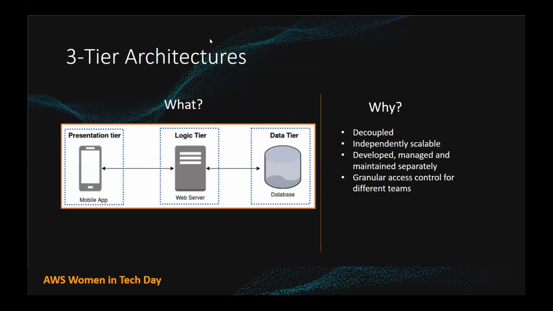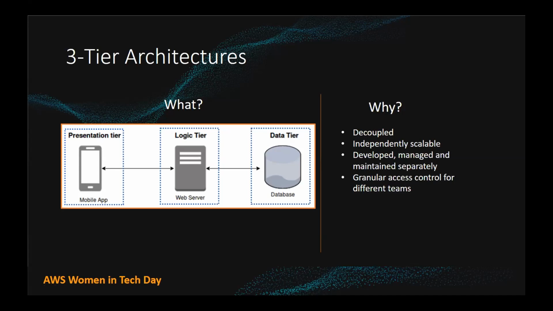So what are three-tier architectures? Why do we require them? Some of the basic questions about three-tier architectures. Multi-tier architectures have been a cornerstone of architectural development, and we are all aware of them, since they have been in the industry for a long time.